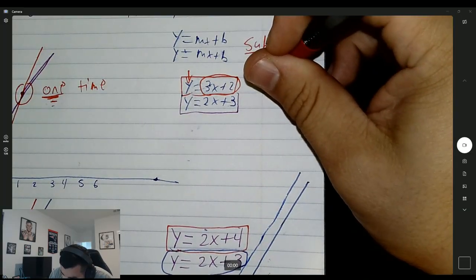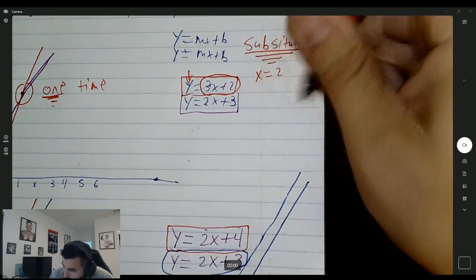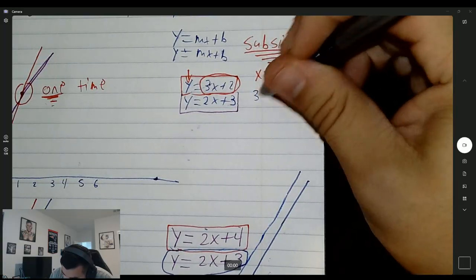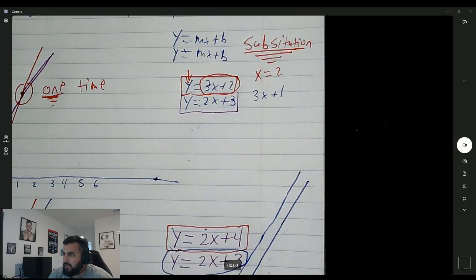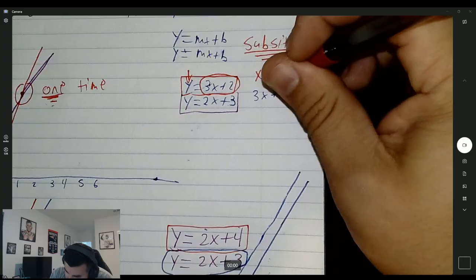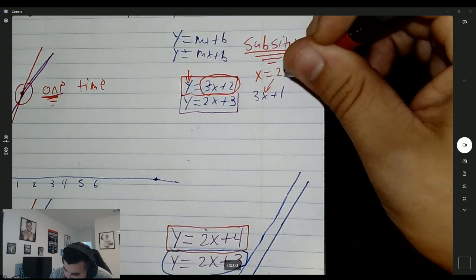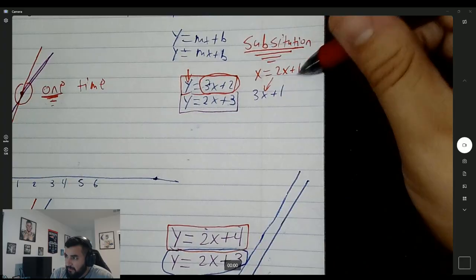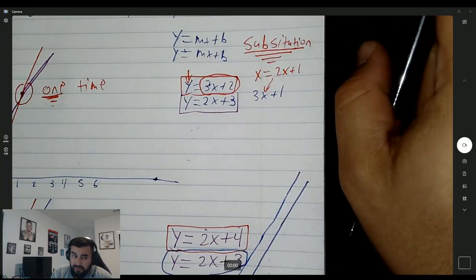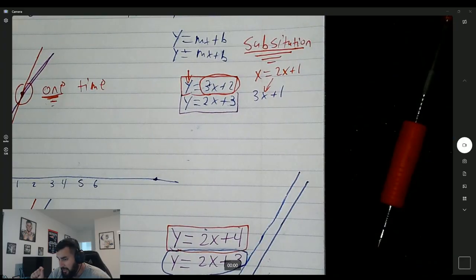If I told you x equals 2 on an equation, then you see 3x plus 1, where would you put the 2? You put the 2 right here, right? But just because I added more like this, 2x plus 1, doesn't mean you can't put more in, okay? Believe it or not, you can substitute more than one number into one spot for a variable.